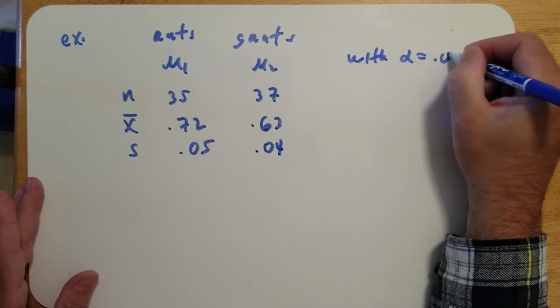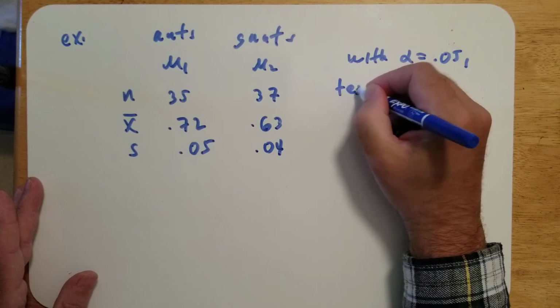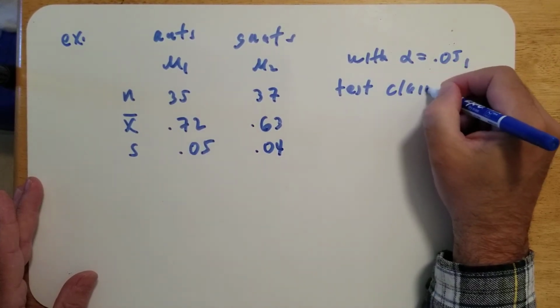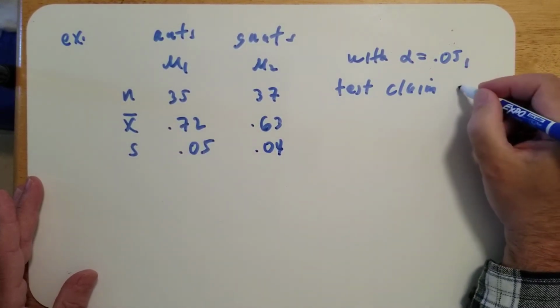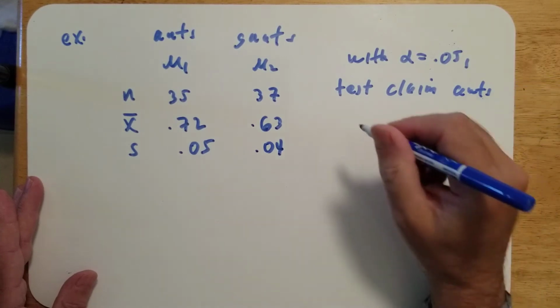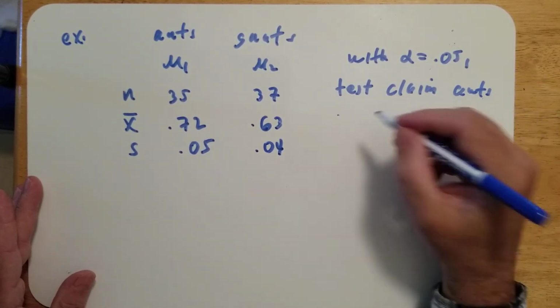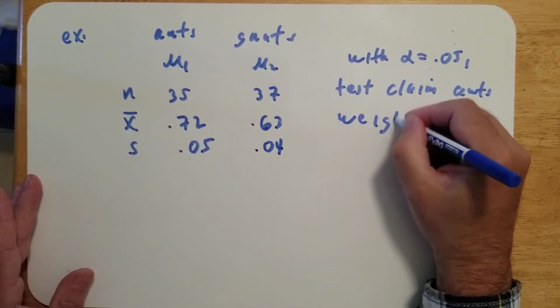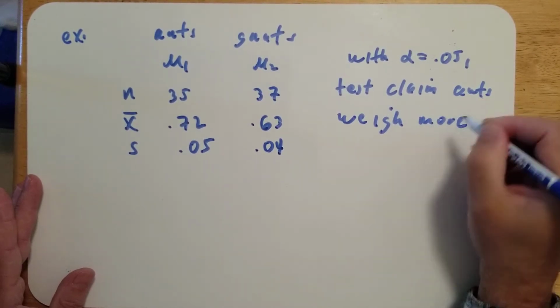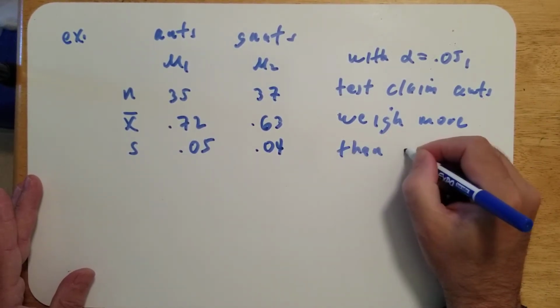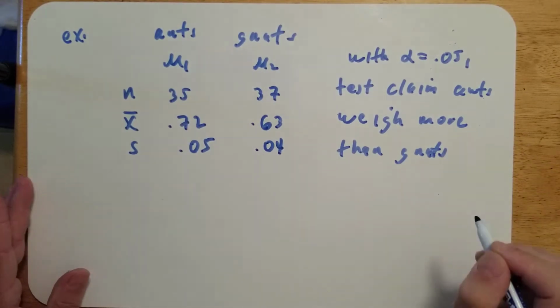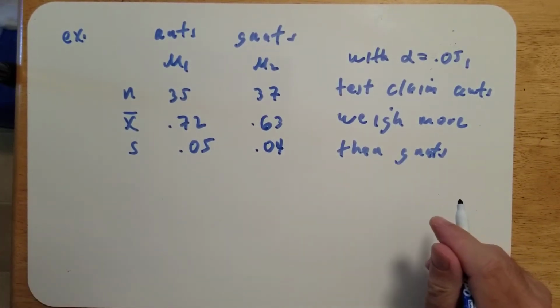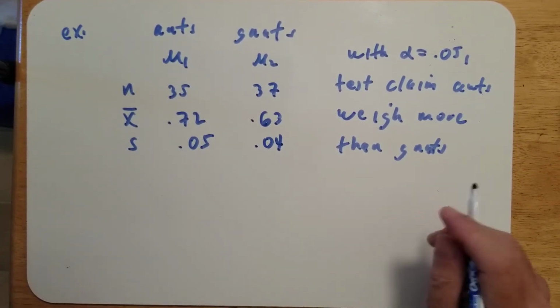With alpha equals 0.05, test the claim that ants weigh more than gnats. So again, there's going to be the setup, the calculator, and then the conclusion.